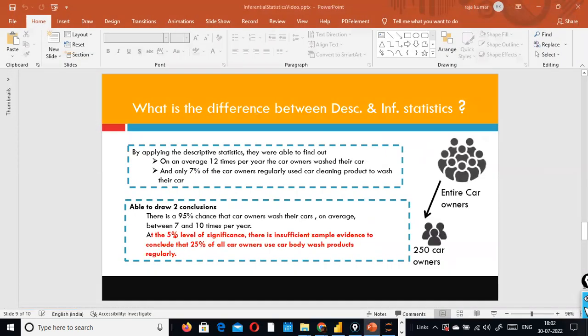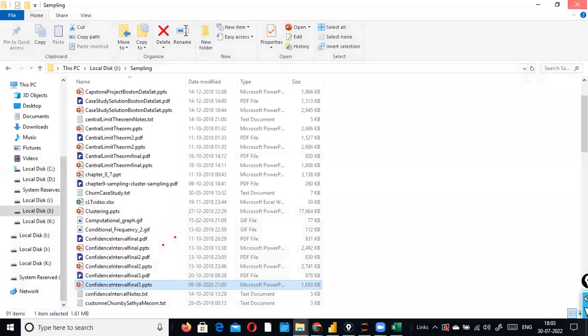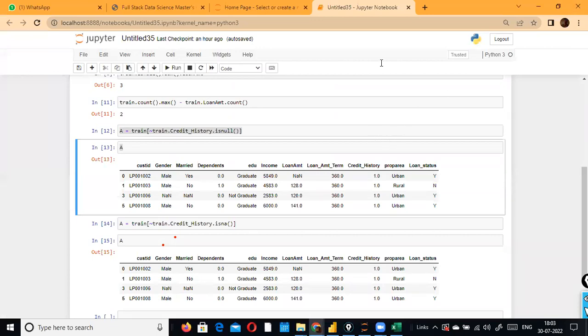Any questions so far? What is tomorrow's topic? Tomorrow we will continue directly with hypothesis testing. Probability I will take up later, because if I start probability, you will feel it a bit difficult. So we will jump directly into hypothesis testing and see if I can complete it tomorrow.